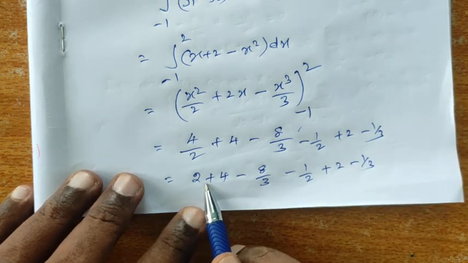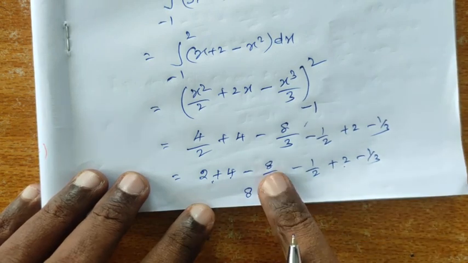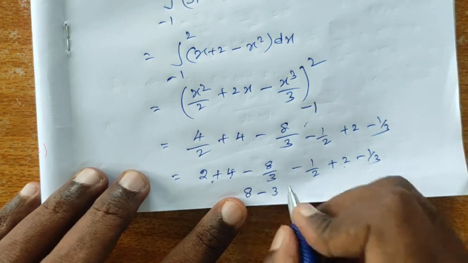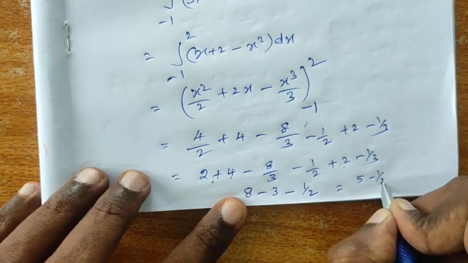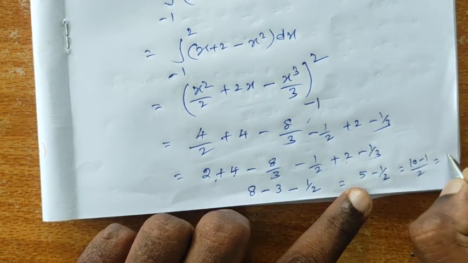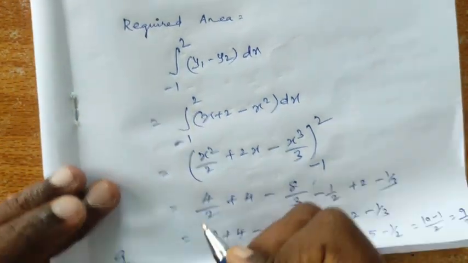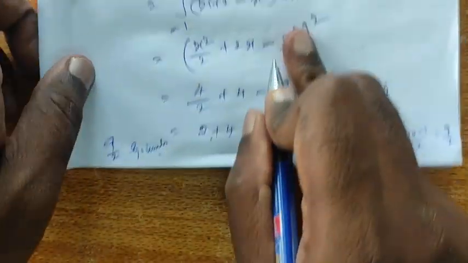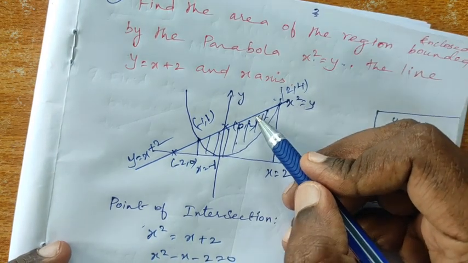So listen here, 2 plus 4 is 6, 6 plus 2 is 8, 8 minus 8 by 3 minus 1 by 3 is minus 9 by 3, minus 3. So 5, minus 1 by 2. So 5 minus 1 by 2, 10 minus 1 by 2, which is equal to 9 by 2. So 9 by 2 square units is the required area enclosed by the parabola and the given line.